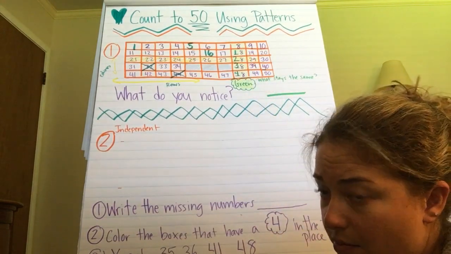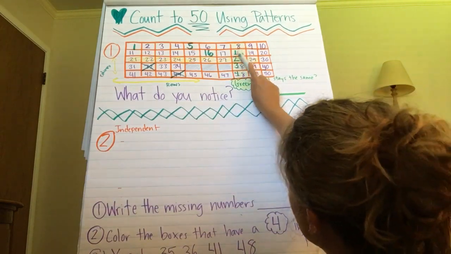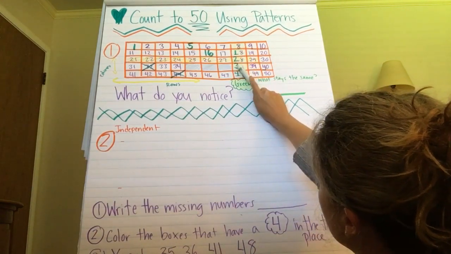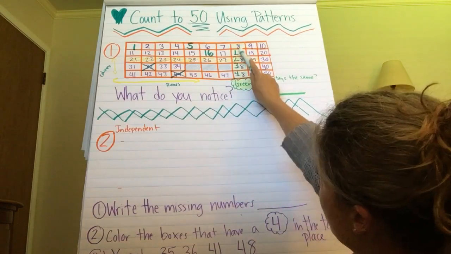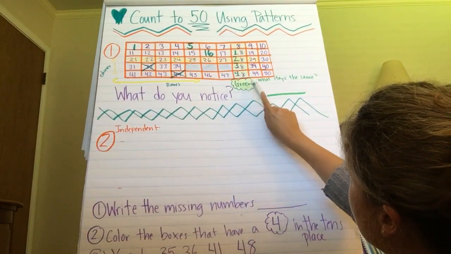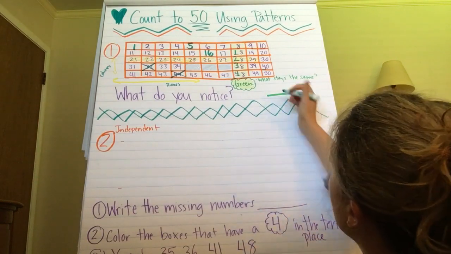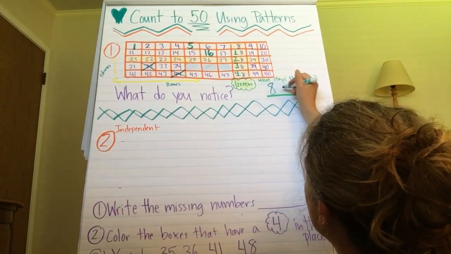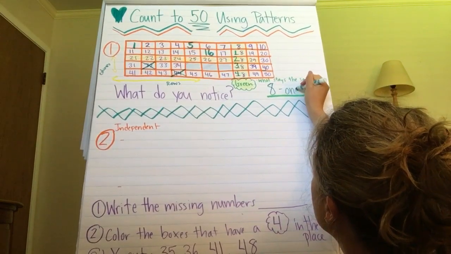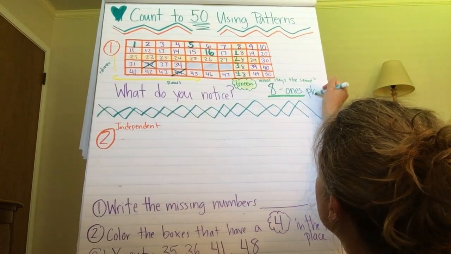It stays the same, right? It stays number 8. But then what happens here? It goes up. So in the green row, friends, what stays the same? The 8 or the ones place. Very good.